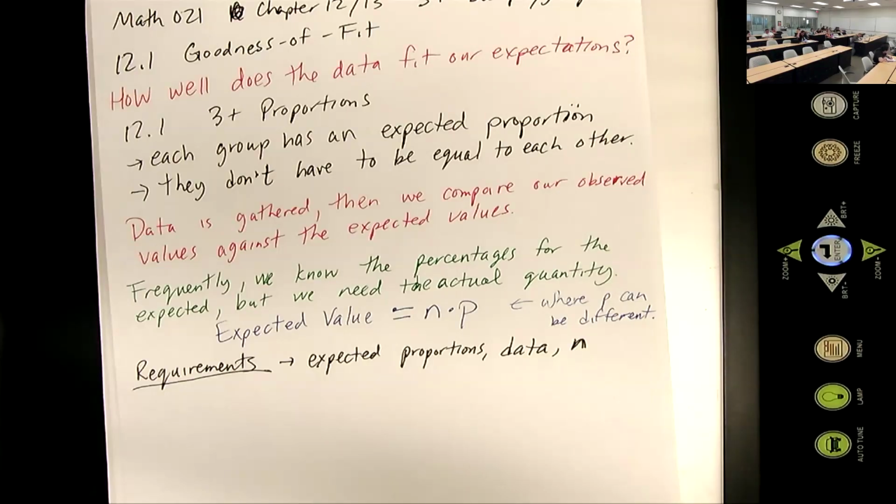Oftentimes it's one sample, but it's broken up into multiple groups, like a bag of M&Ms has red, orange, yellow, green, brown, and blue M&Ms. We could do just one collection like a 1 pound bag of M&Ms with a lot of data entries. But what we're doing is the different groups, so it's not necessarily 3 different samples, but 3 or more groups here.